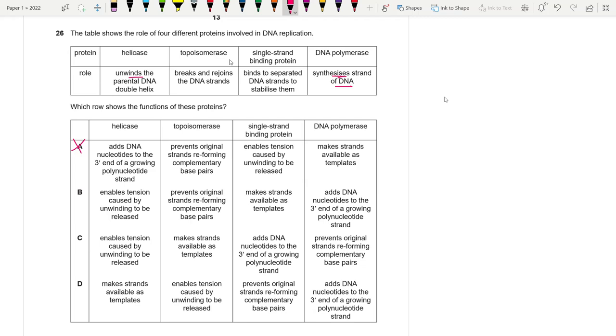So the best answer here clearly is D. Why? I'll tell you. Helicase actually makes strands available as templates. Okay, and topoisomerase, remember this, it enables tension caused by unwinding to be released. So it basically breaks and rejoins the DNA strands. So remember that helicase and topoisomerase have different roles.